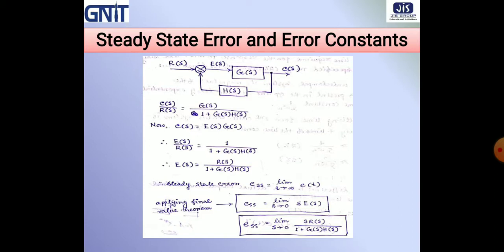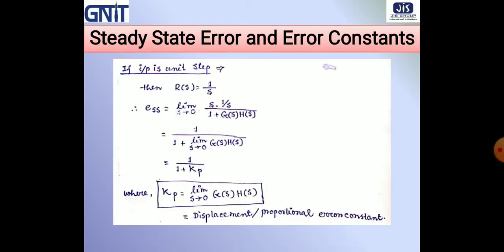So from these equations we apply the final value theorem. So ESS will be limit s tends to 0 of sR(s) divided by 1 plus G(s)H(s). That is our steady state error.